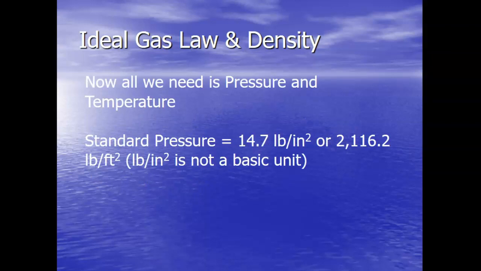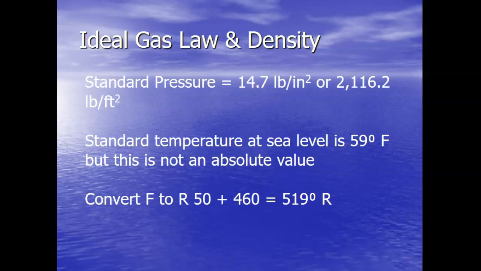And we can use standard pressure, which we know is 14.7 pounds per square inch, or if we want to use an absolute unit or a basic unit, 2,116.2 pounds per foot squared. So standard pressure is 14.7 pounds per square inch, or 2,116.2 pounds per square foot.